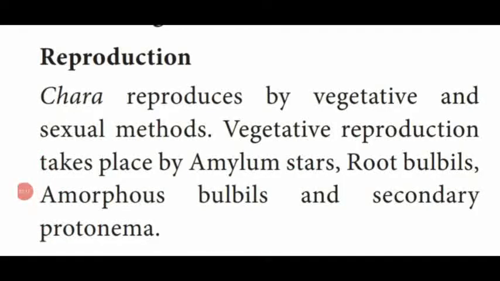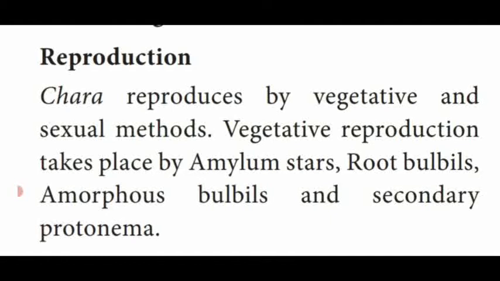Dear students, next we are going to see the reproduction in Chara. Chara reproduces by vegetative and sexual methods. Vegetative reproduction occurs by amylum stars, root bulbils, amorphous bulbils, and secondary protonema.